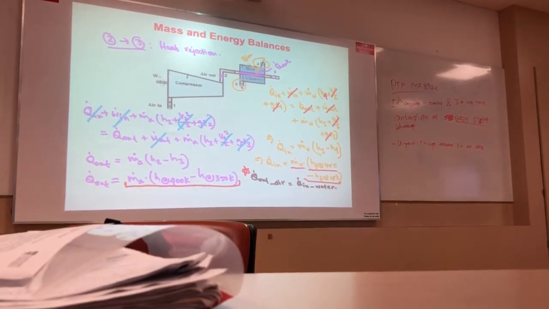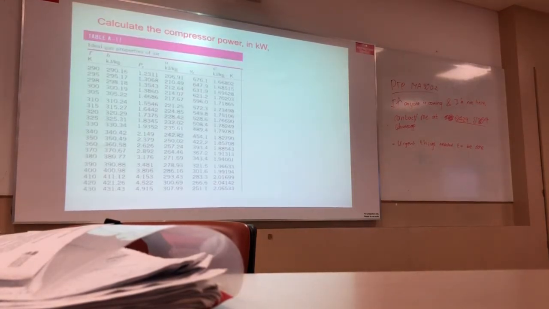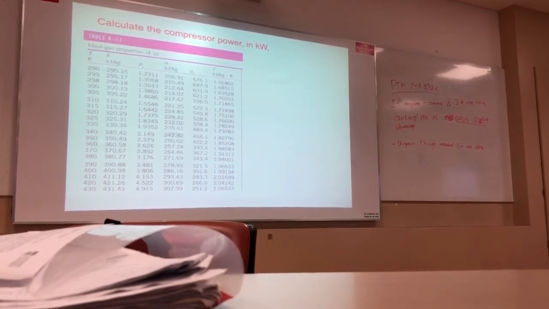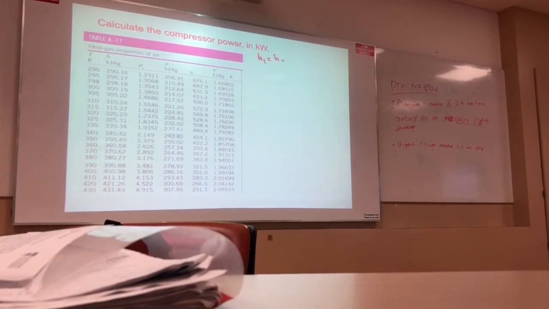All right. Can I go next? Okay. Properties of air, right? What is H1? Tell me. H1, I just draw here. H1 becomes, tell me, H with respect to 300.